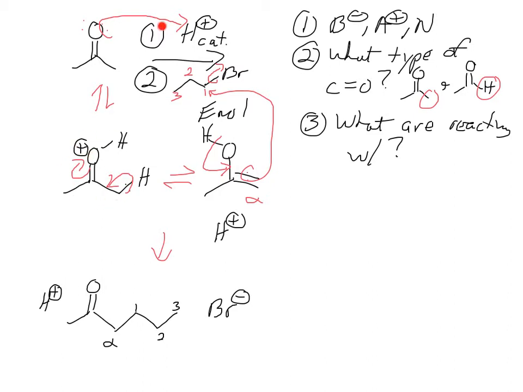Okay? So let's take this another step and do the exact same thing we just did. We'll do this in acidic conditions. So we ask ourselves, we're in acidic conditions, so we show overall plus charge. Oxygen gets protonated.